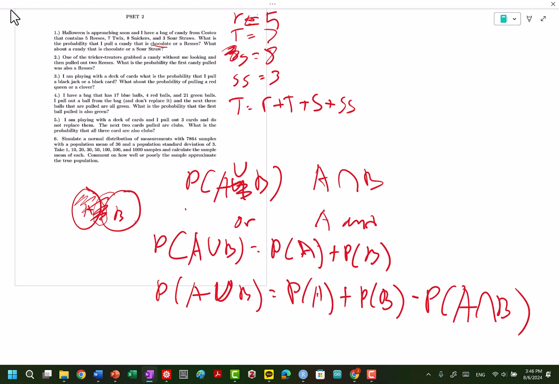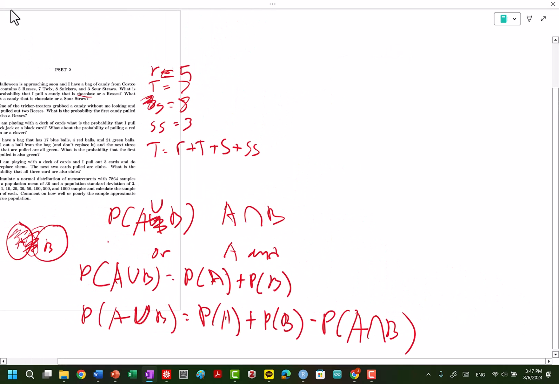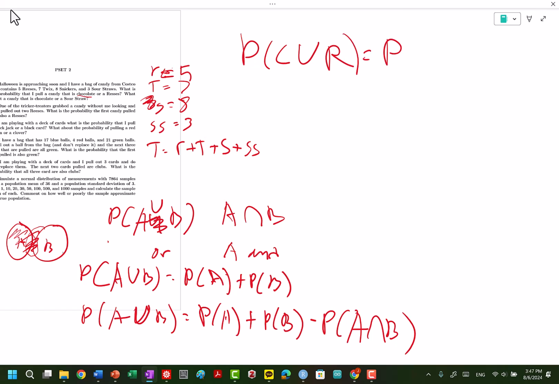So if I pull a candy that is chocolate or Reese's, these are not mutually exclusive because Reese's is a chocolate type of candy. So my probability of chocolate or Reese's is going to be equal to the probability that I pull a chocolate plus the probability that I pull a Reese's minus the probability of chocolate and Reese's.